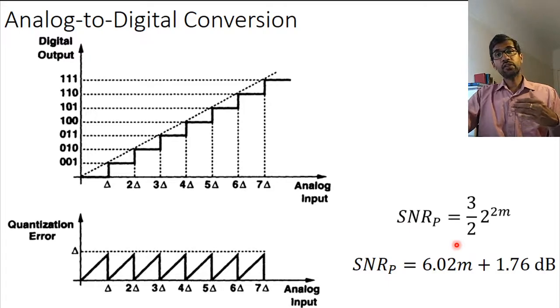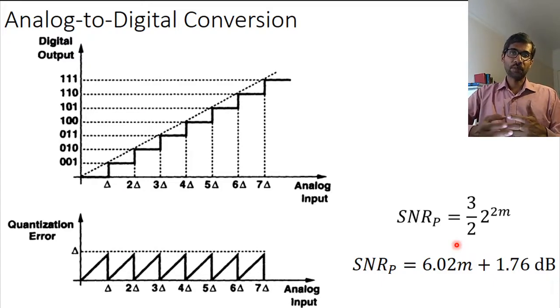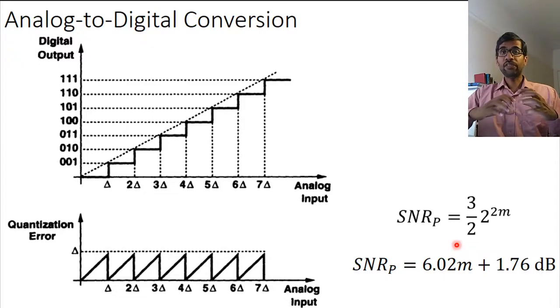The signal to noise ratio is basically the signal power divided by the noise power. If a signal has no noise, then the noise power becomes 0 and the signal to noise ratio becomes infinite, right? Because there's only signal and no noise. Of course, that's not practical in real signals. However, the higher the SNR, the better it is.